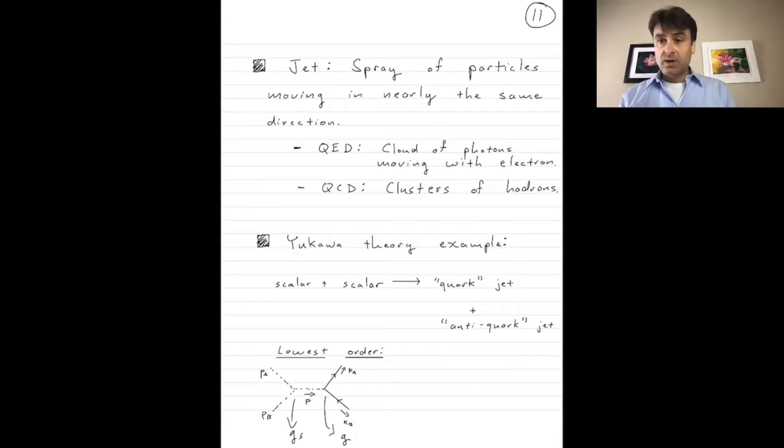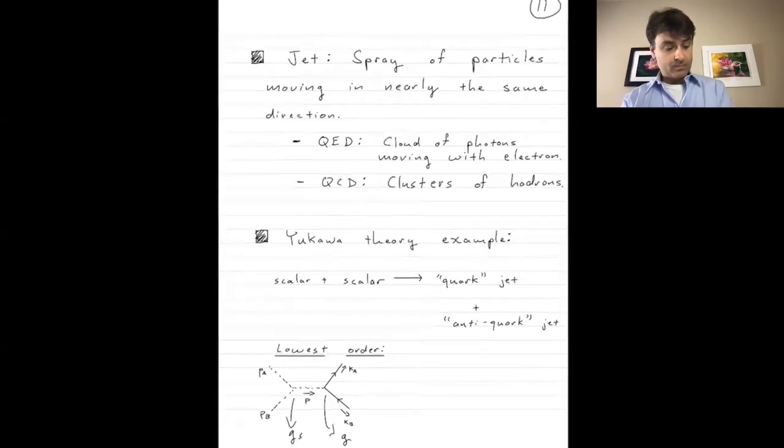So I want to get to the conceptual essence of infrared behavior. And to do that, I'm going to look at a process very similar to the one that I've just used to motivate our discussion, annihilation of two particles going into jets. But I'm going to use again our favorite theory, the Yukawa theory.